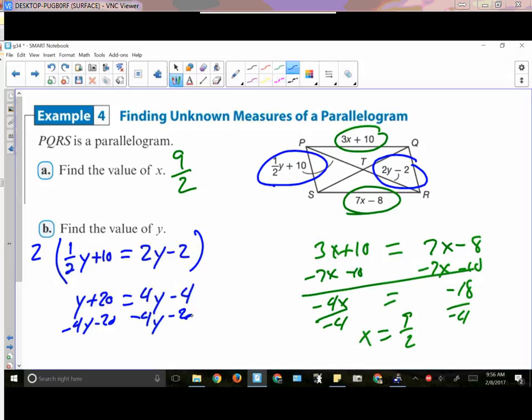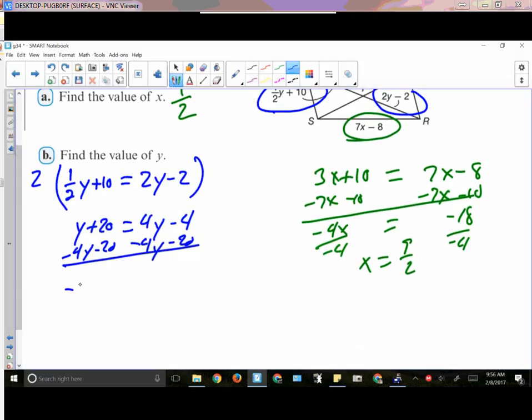Minus 20, minus 20. And I end up then with negative 3y is equal to negative 24, right? Divide by negative 3, divide by negative 3, and I end up with a grand total of y is equal to 8. So that's got to be 8.